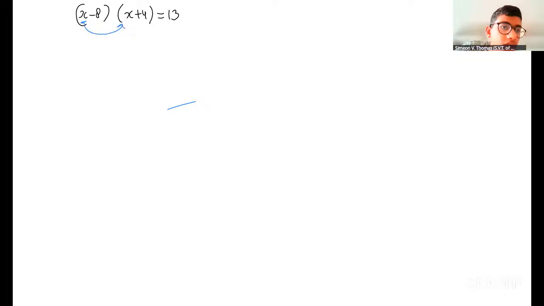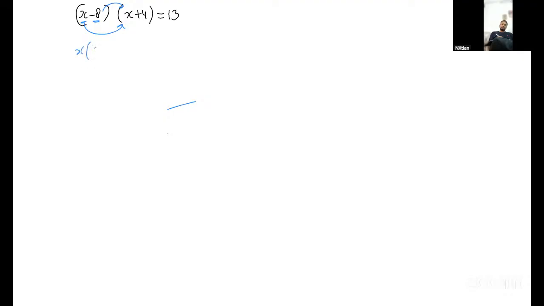So we have to check whether it is a quadratic equation or not. For that we have to multiply it and form it in terms. So x will multiply with all the things, and minus 8 will also multiply. So you have to write it like this first. x plus 4 into x minus 8 is equal to 13.